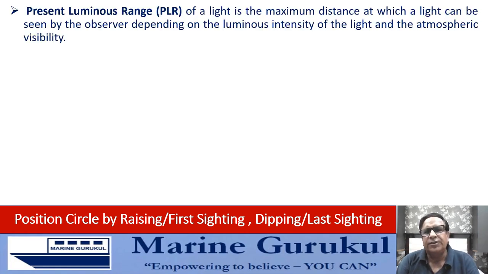Now, present luminous range of a light is the maximum distance at which a light can be seen by the observer depending on the brightness or the luminous intensity of the light and the transparency of the intervening medium, which in this case is the atmospheric visibility.